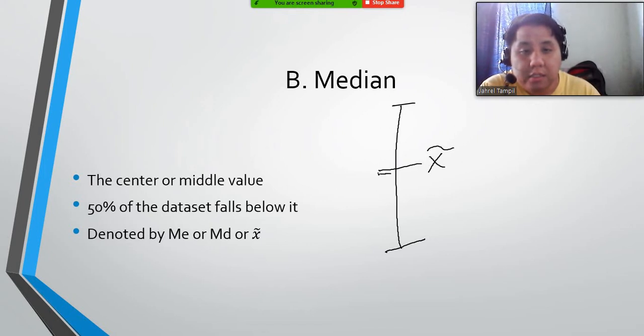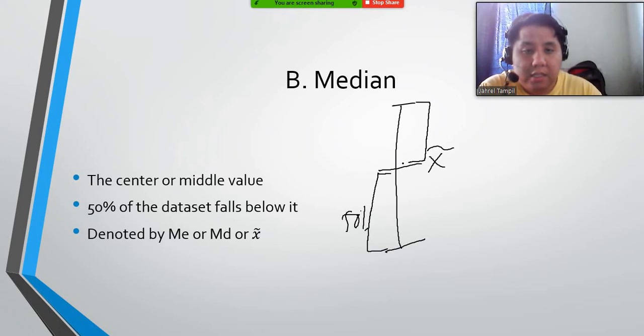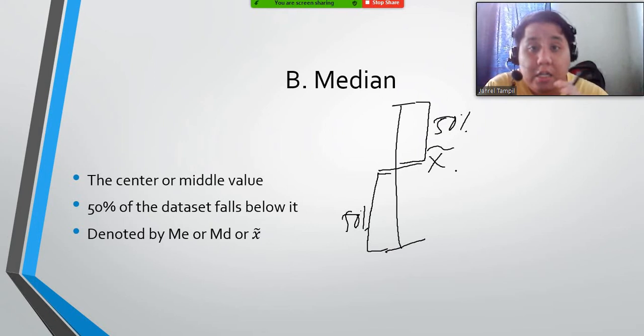So that means this is 50%. Here's where the debate comes in. Some are saying that this is the other 50% and the median is not included. It strictly divides the dataset into two equal halves.